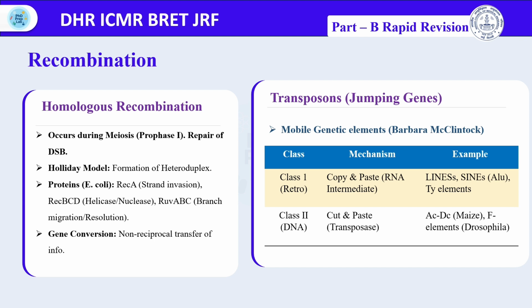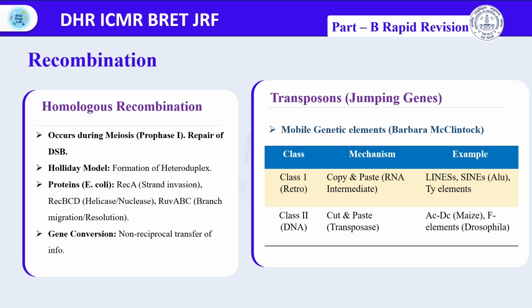So basically divided into two classes, class 1 and class 2. The class 1 is the retrotransposons and the class 2 is the DNA based. Okay. So first let's do class 1, retrotransposons.